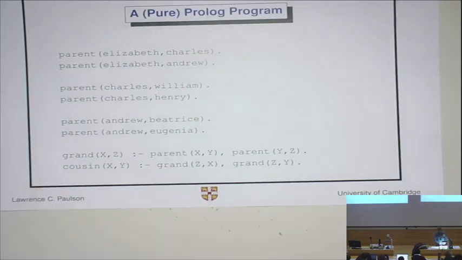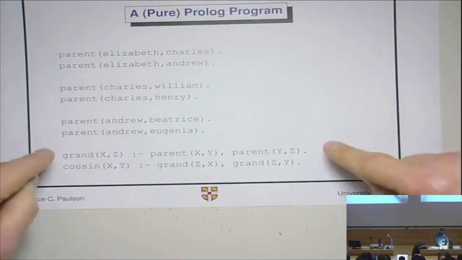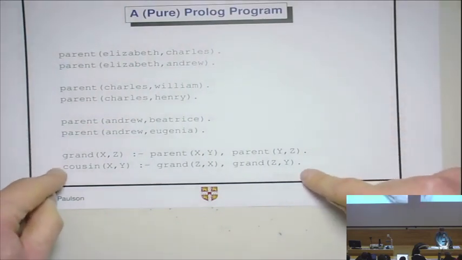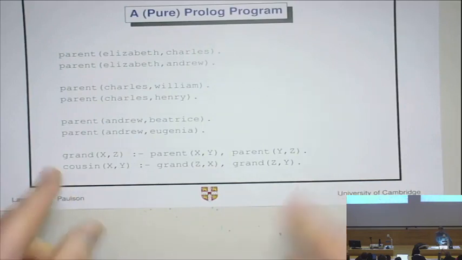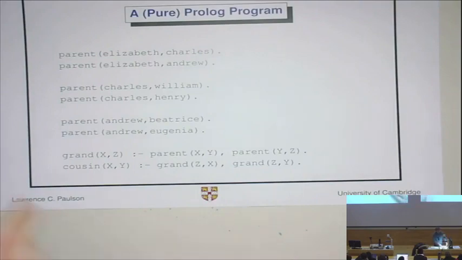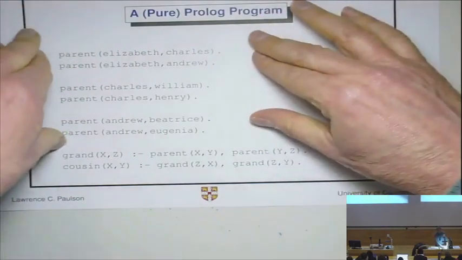The bee's knees, as they would call them then. But these last 2 clauses go beyond any normal database. That's why you sometimes heard the term deductive database, because in the same language, you can express derived information about your gigantic set of facts here.